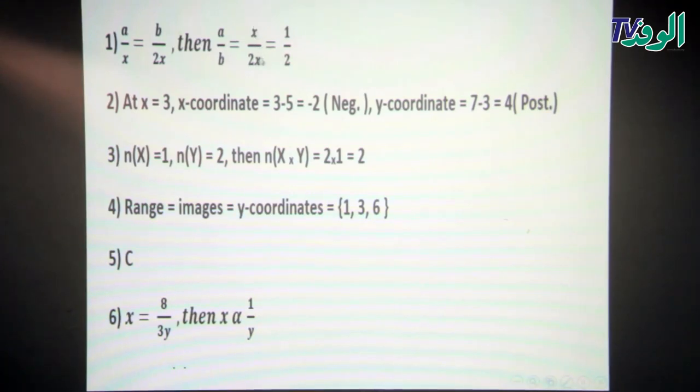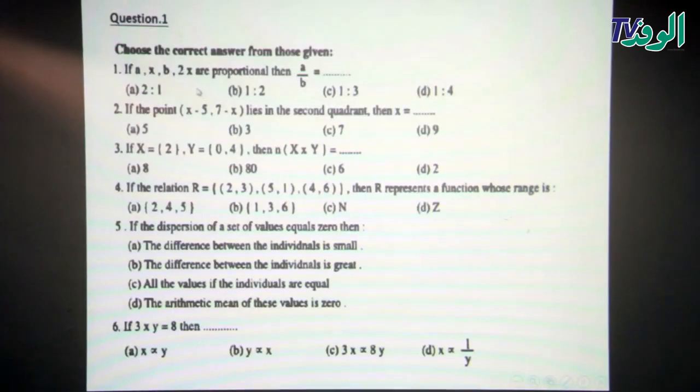We can cancel x to be in the simplest form, we get 1 over 2. يبقى a over b is 1 over 2 اللي هي 1 to 2. يبقى the correct choice is number B.